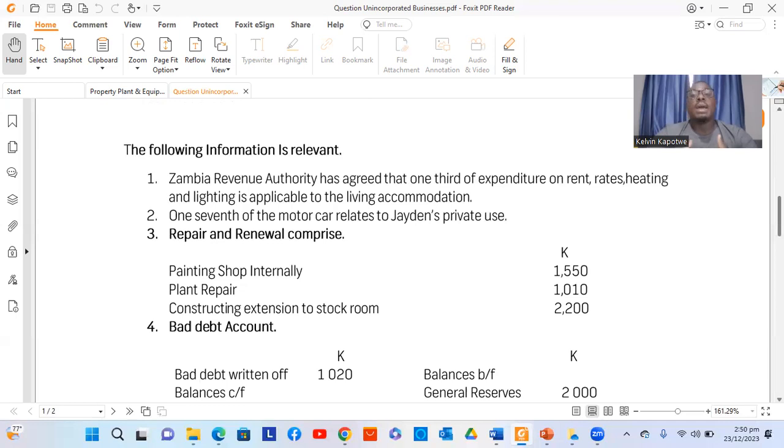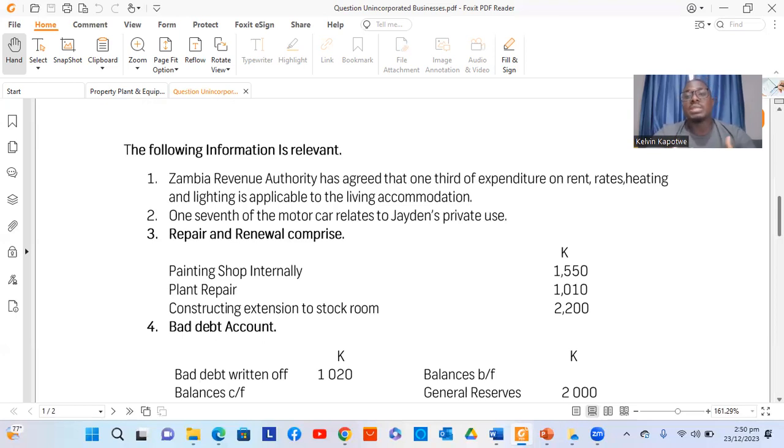All right. So now, what I'm going to do is I'm going to be explaining these things before we even start answering the question. So when you look at expenditures to do with rent, rate, heating, and lighting, so the income tax requires us to allow expenses that are revenue in nature and are only and exclusively incurred for the purpose of trade or for the purpose of business.